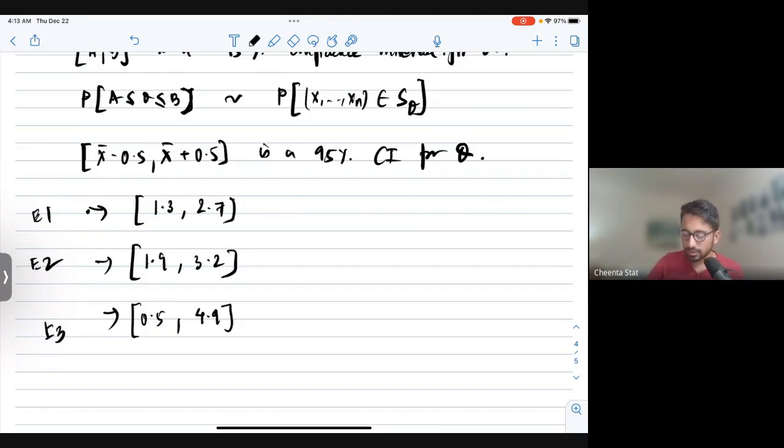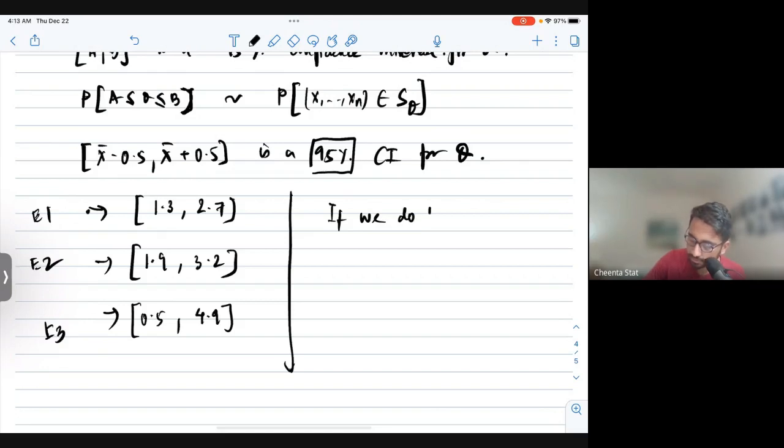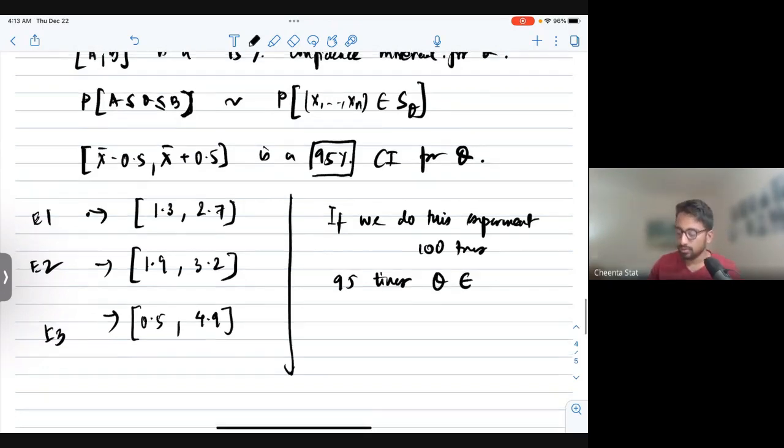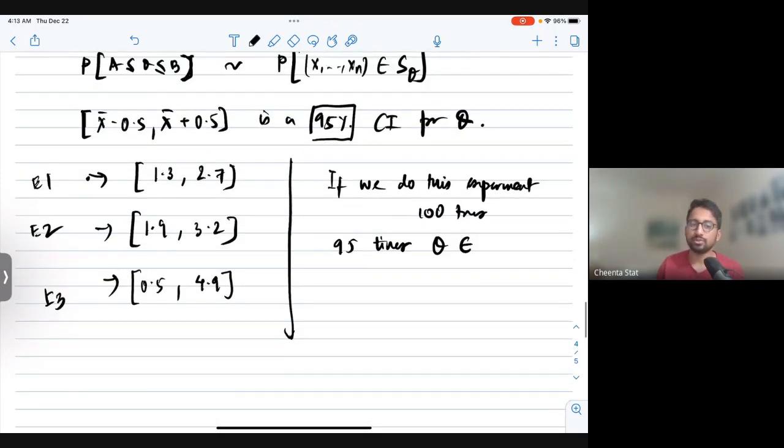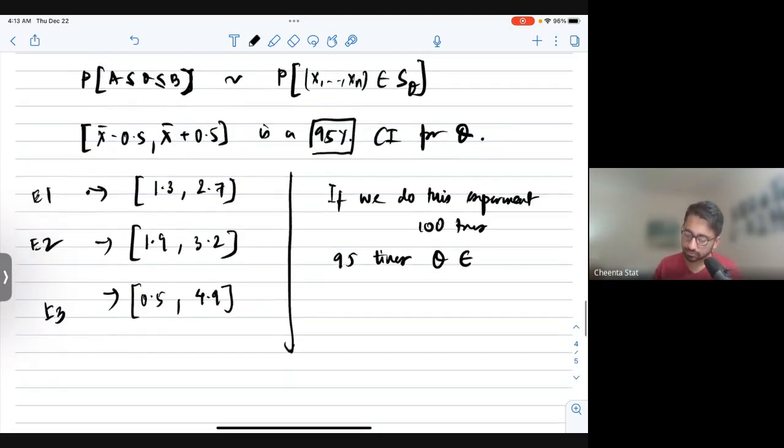It means that 95% of the time, if we do this experiment 100 times, on average 95 times θ will be lying within the interval, and in five times among these 100 times θ will not be lying within it. This is counterintuitive, right? But this is exactly what probability means.